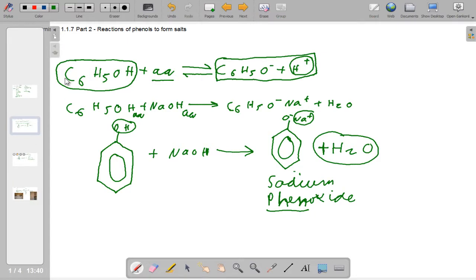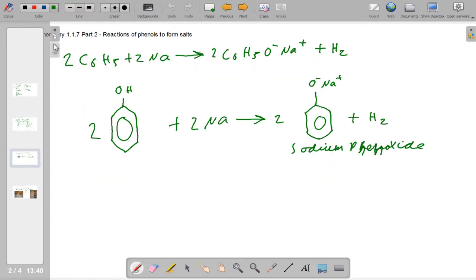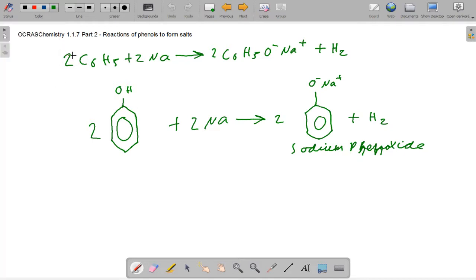Now we move on to the reaction with sodium itself. So if we have 2 lots of benzenes and 2 sodiums, we get 2C6H5O- Na+ plus H2 gas. No H+ ions this time.